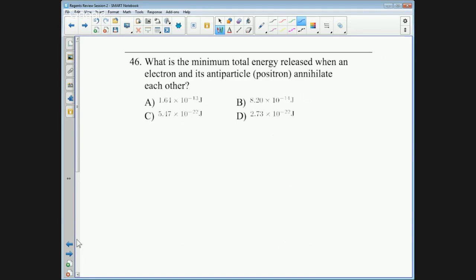Number 46 says, what is the minimum total energy released when an electron and its antiparticle, the positron, annihilate each other? Here's the type of problem where you use E equals mc squared. Okay, so we're trying to figure out the energy released. So we're using the mass of the electron. The mass of the electron on the reference table is on page 1.